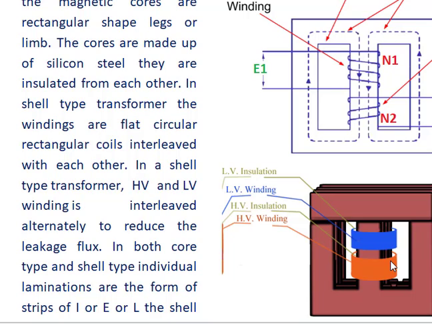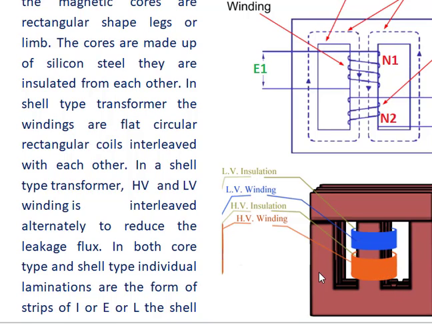In this shell type transformer, first a low voltage insulation is there, and then a low voltage winding is wound on the low voltage insulation, and then a high voltage insulation is here, over which the high voltage windings are wound, like it is shown in this diagram. The high voltage and low voltage windings are interleaved alternately to reduce the leakage magnetic flux.